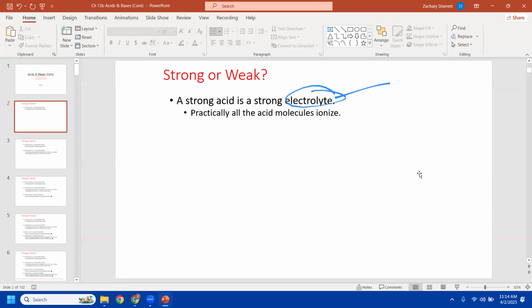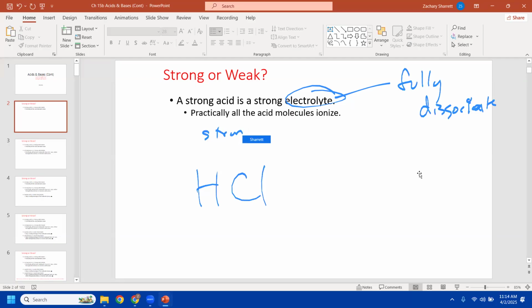Okay, so fully dissociate. Somebody shout out an acid for me. Hydrochloric acid is probably our most common acid that we're going to talk about. Does anyone know if hydrochloric acid is a strong or weak acid? It is a strong acid, okay? I'm going to give you a list of the strong acids that I want you to know. Strong acid means that we draw it with a one-sided arrow.